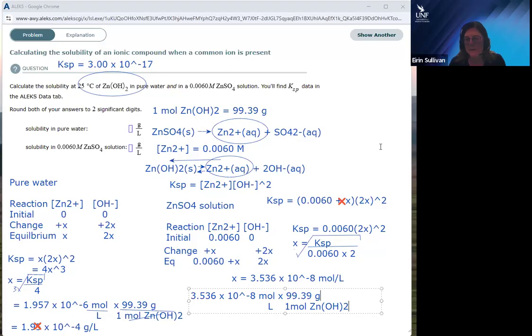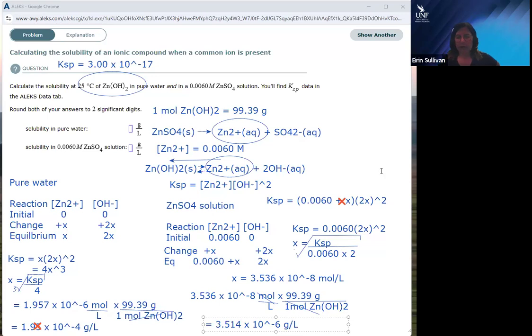So moles is going to cancel out, give me units of grams per litre, which is totally appropriate for solubility in grams per litre. And that comes out to be 3.514 times 10 to the power minus 6 grams per litre.